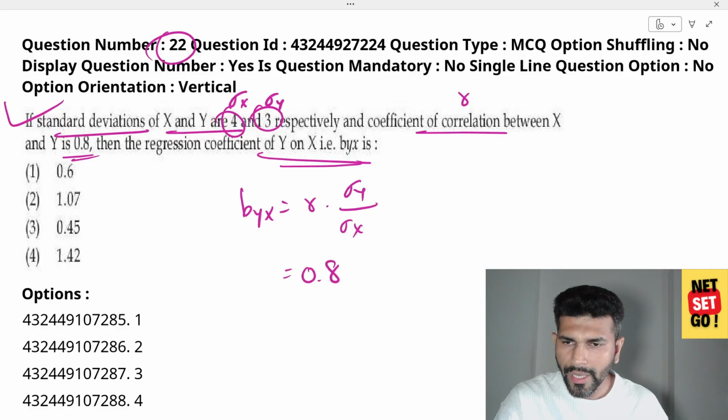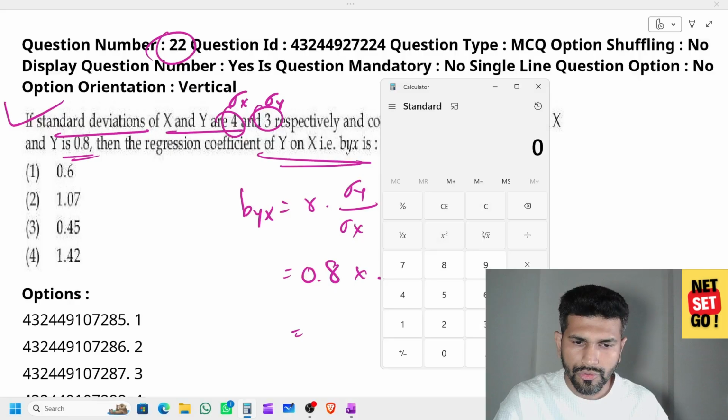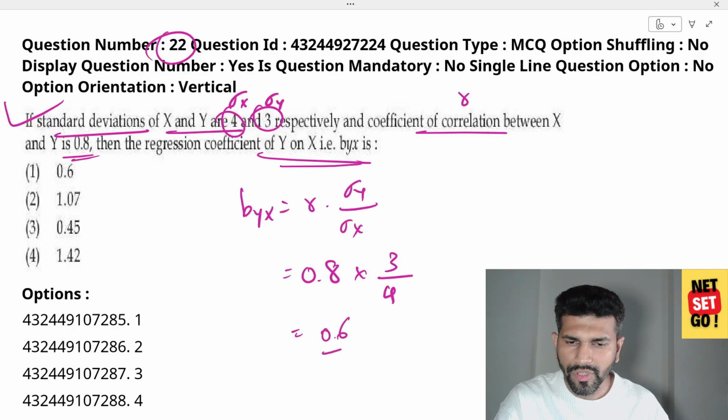So 0.8 into 3 by 4. 3 by 4 is 0.75. So 0.8 into 0.75 equals 0.6. So the correct answer is option 1.